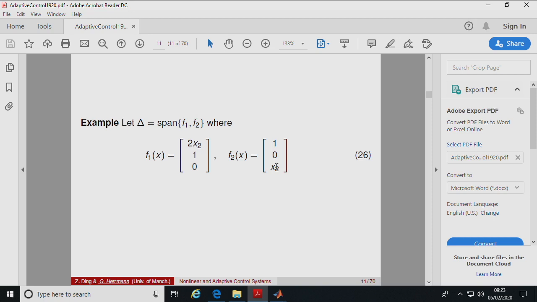Then we wanted to test if the two vectors together with the Lie bracket result give us an overall rank of 3. So the question is: is this vector space involutive or not?